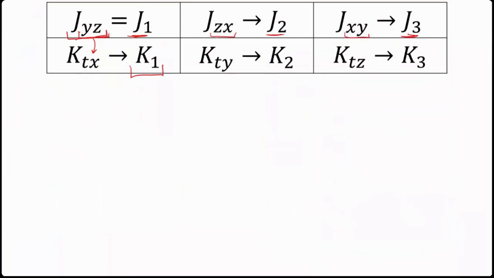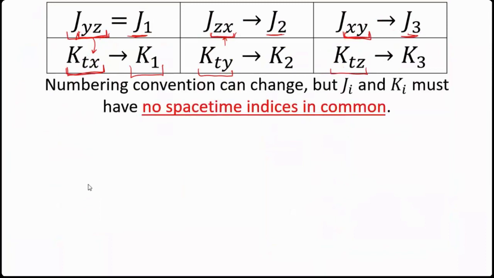Since we used up Y and Z, for K1 we use X and T. Since we used Z and X for J2, for K2 we use T and Y. And for J3, since we used X and Y, we use T and Z. So this is an alternative notation for these generators.